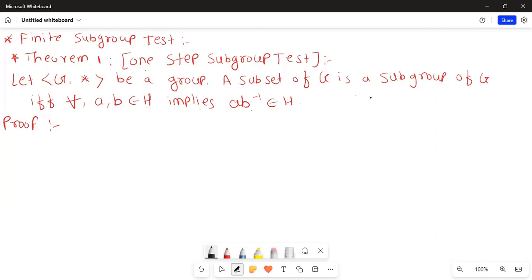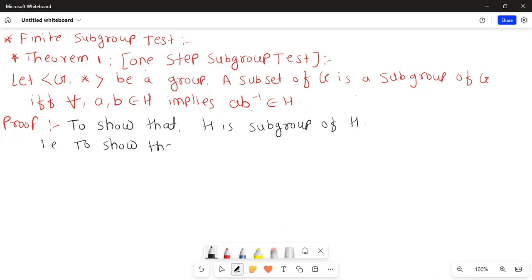तो पहले देखो प्रूफ में we have to show that H is a subgroup of G. That means to show that H is a group.